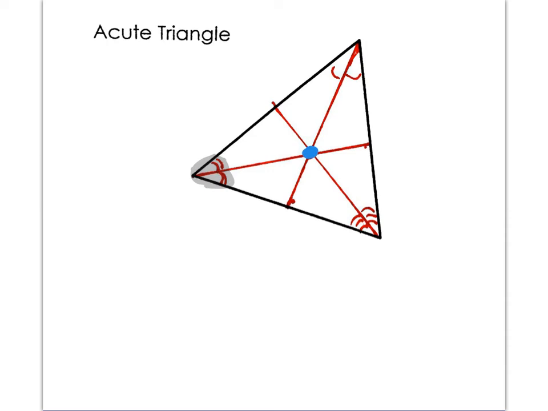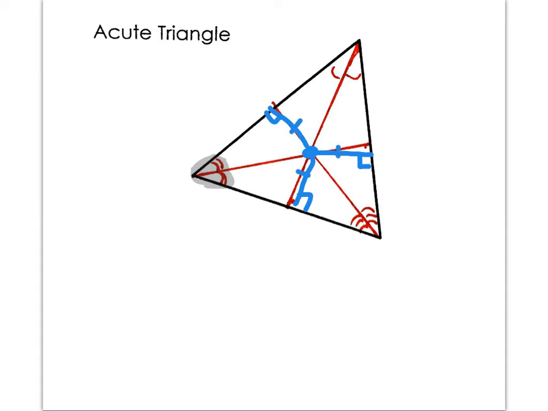So using the angle bisector theorem, which says any point that lies on an angle bisector is equidistant from the sides, what we can say is that the incenter is going to be equidistant to the three sides of the triangle. So this perpendicular distance to one side, the perpendicular distance to the other side, and the perpendicular distances to all three sides are all going to be equal to one another.